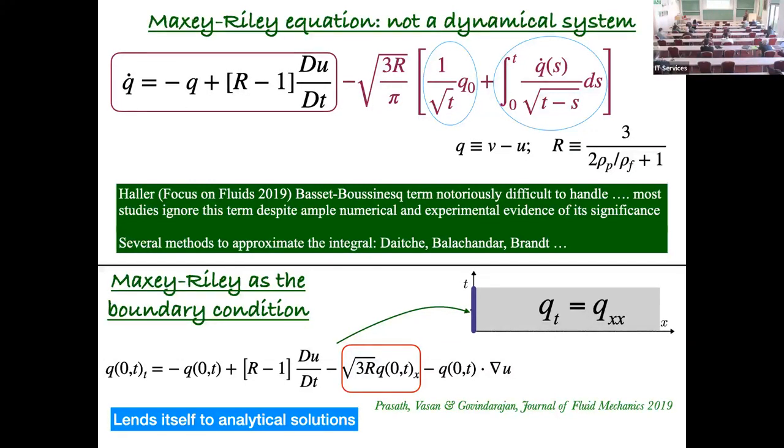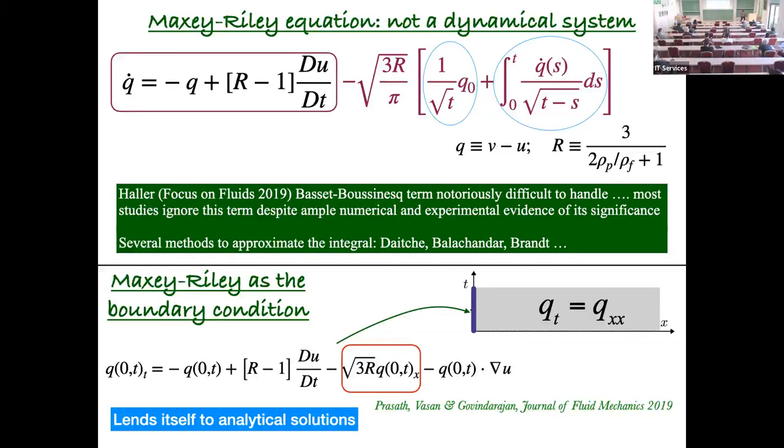So we do not have to solve this particle equation with the Basset-Boussinesq term. Am I getting that point across? We can actually solve it in turbulence. That's the basic message due to this analytical solution thing.